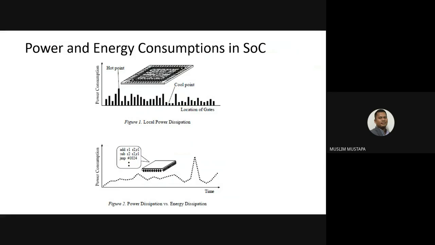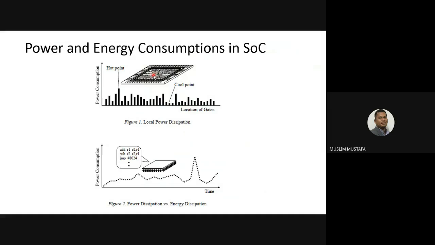Okay. So when we talk about power dissipation, when we look into SoC, there are two points of looking at it. The first one is in terms of the location of gates. Imagine this is your processor, or your SoC design.